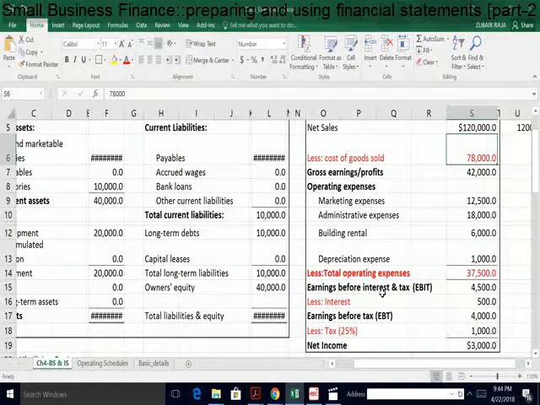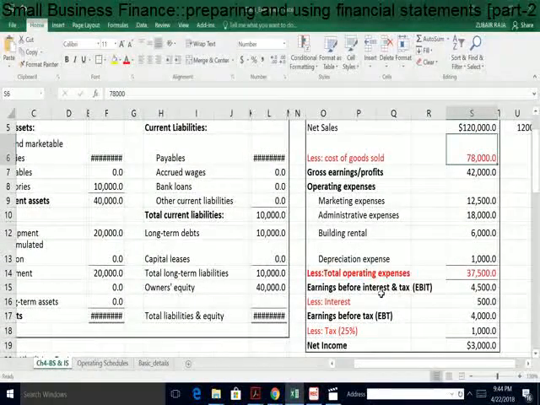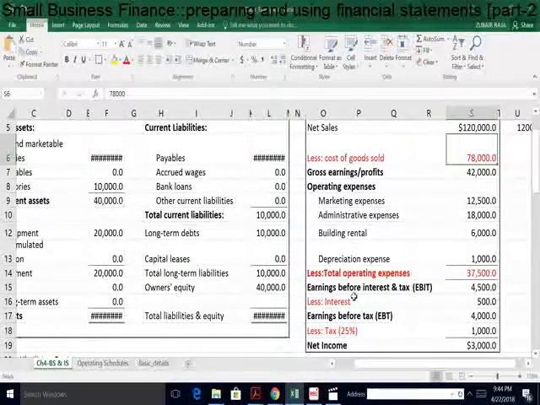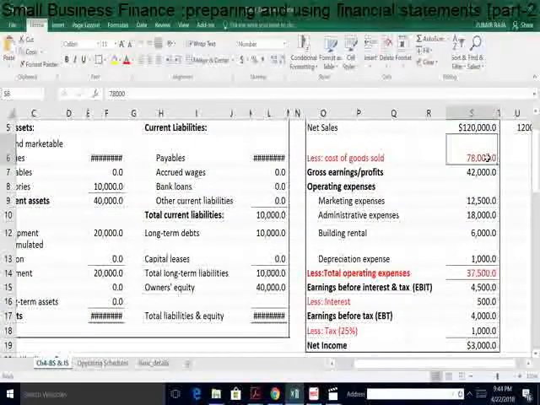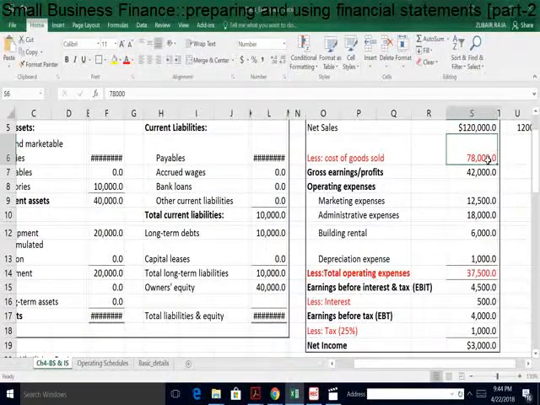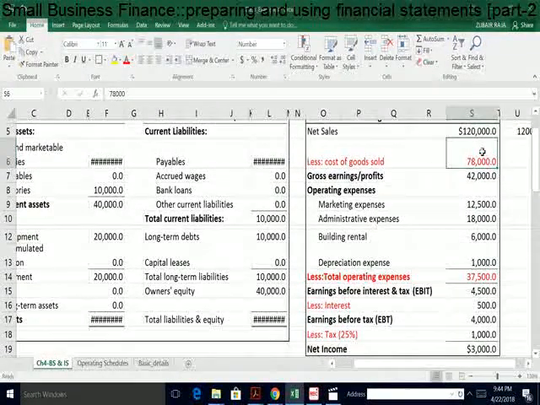The components of the cost will be the basic materials used in the scanner, or the labor of the people who assemble the scanner; these will come under the cost of goods sold. The cost which you can directly link with the product which is going to be sold. So this is 78,000.